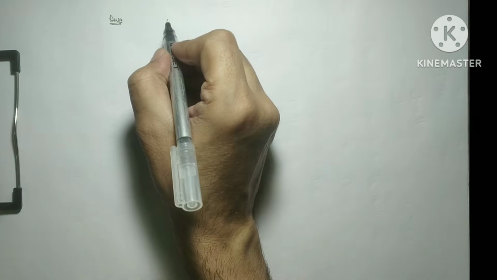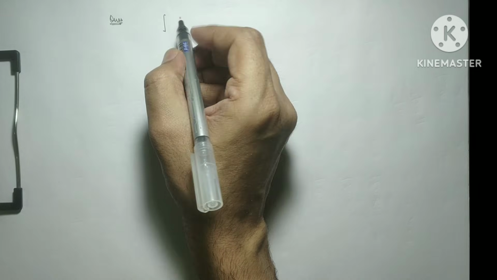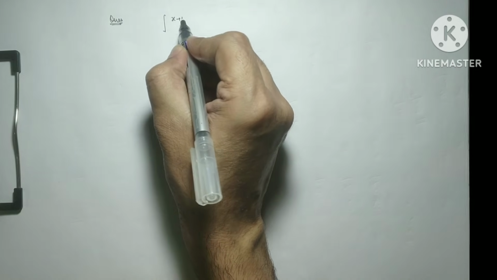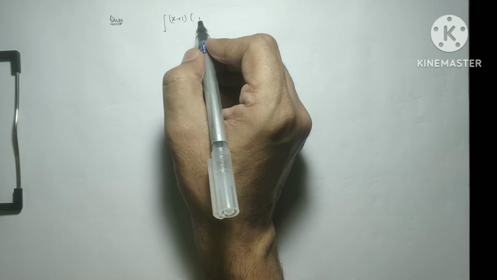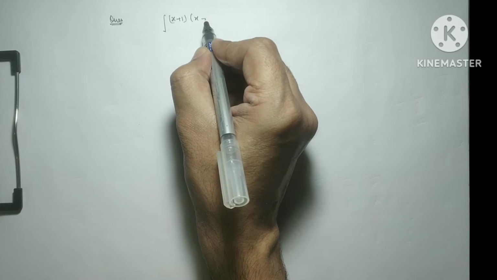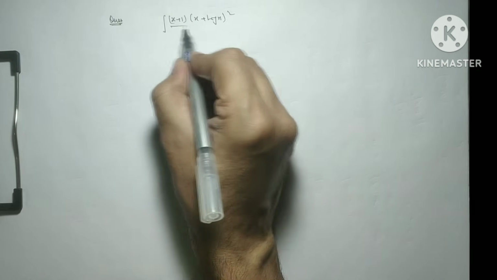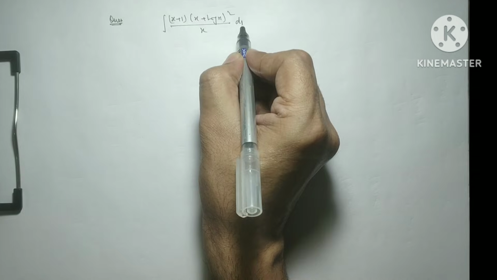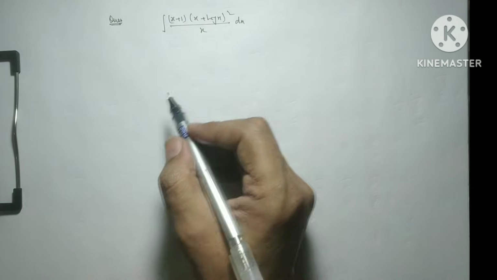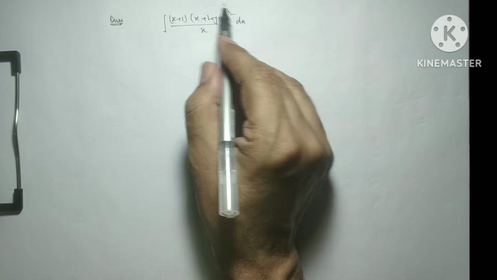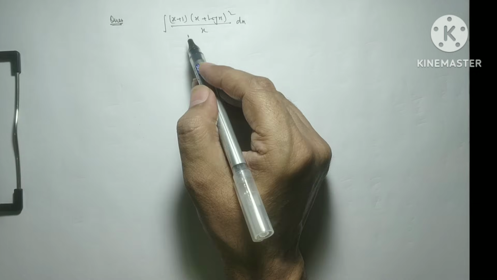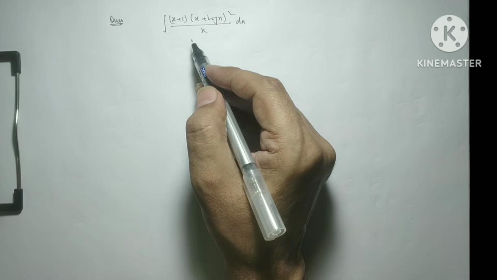So next question, integrate x plus 1 multiplied with x plus log x whole square divided by x. Now this is not a standard function, so we can't write its integration directly.